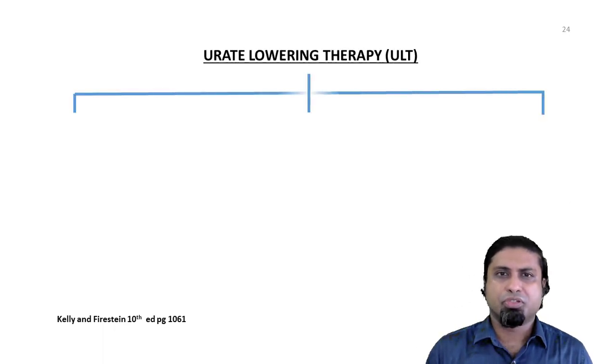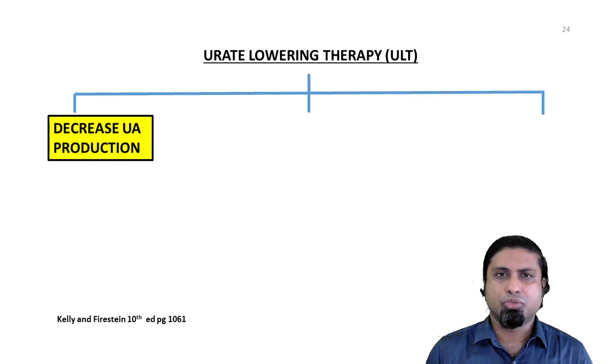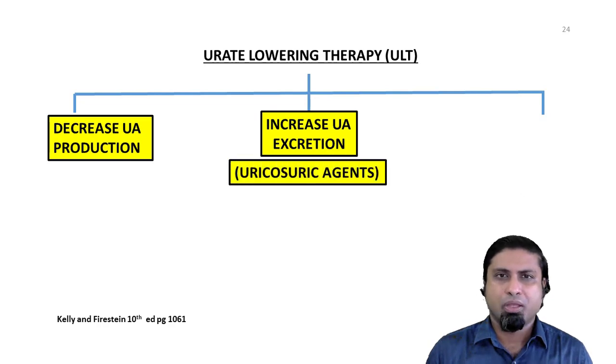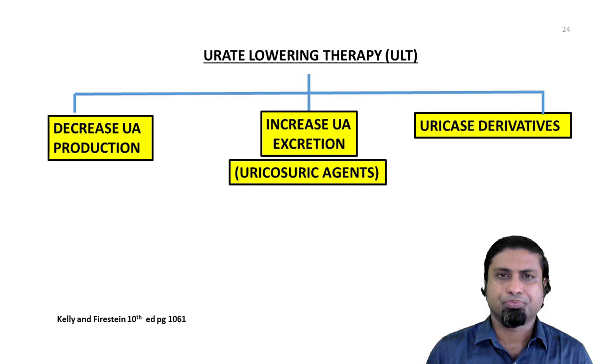Urate-lowering therapy involves drugs which are used to decrease uric acid production, increase uric acid excretion in the urine, what we call uricosuric drugs, and drugs which help the conversion of uric acid to allantoin. So this would be the uricase analogs. Drugs that decrease uric acid production include the xanthine oxidase inhibitors.